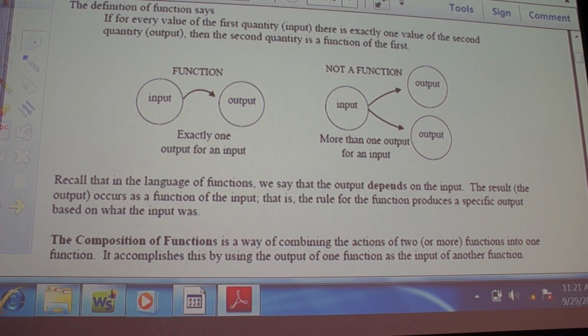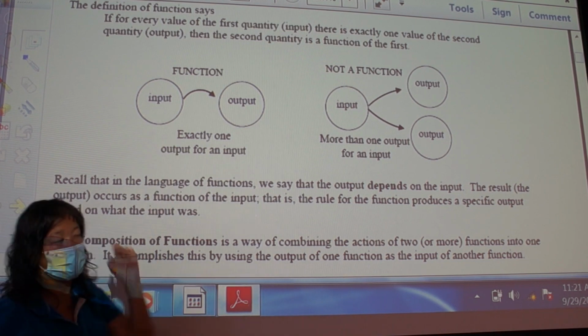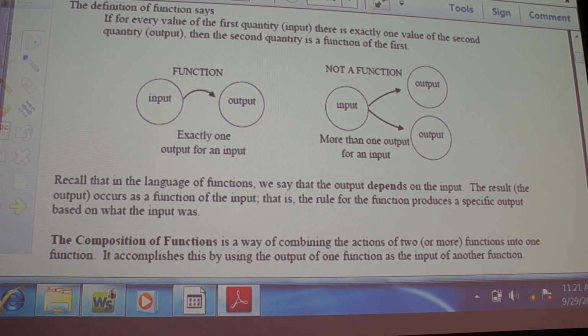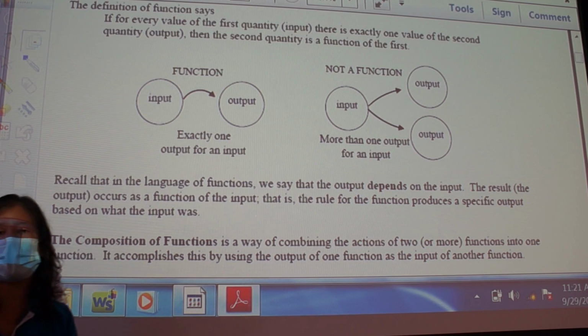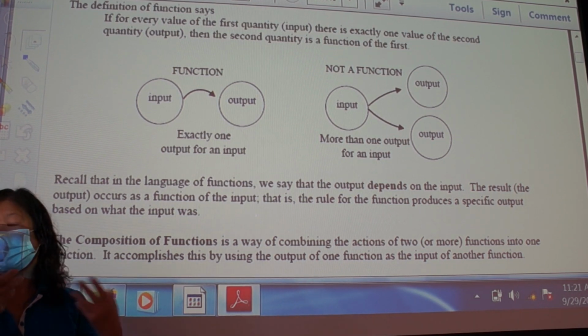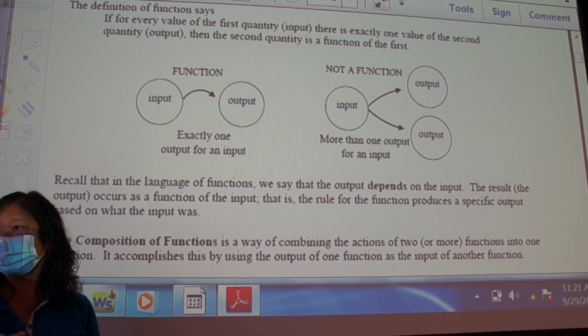So recall in the language of functions, we say the output, what I get out, depends upon the input. The result, the output, occurs as a function of the input. So we think of it as inputting an x, and then the function gives us our output, our y.